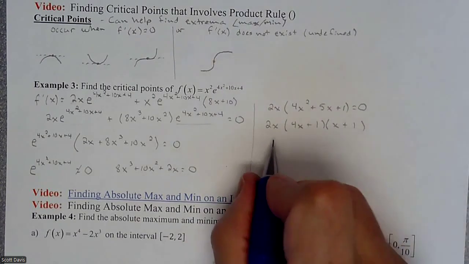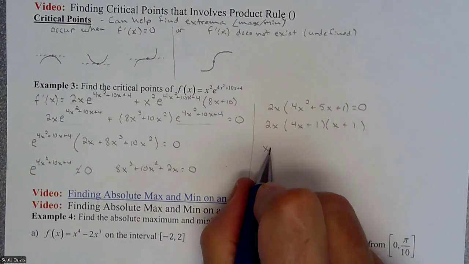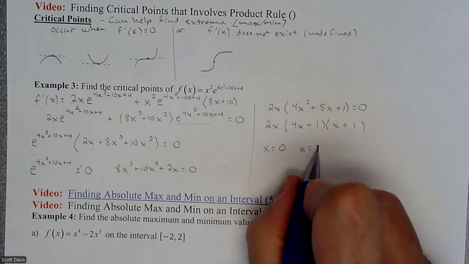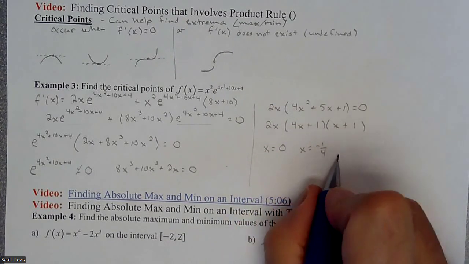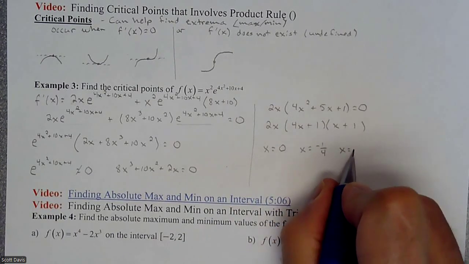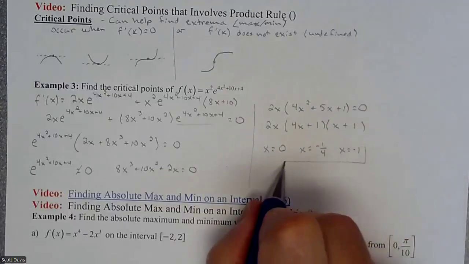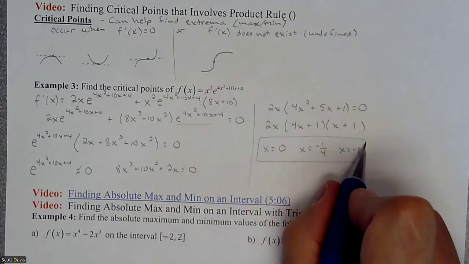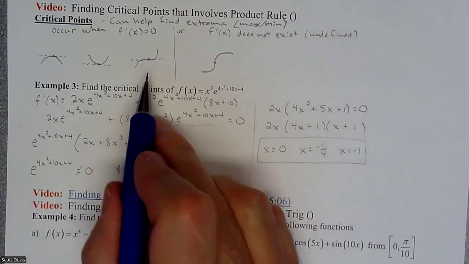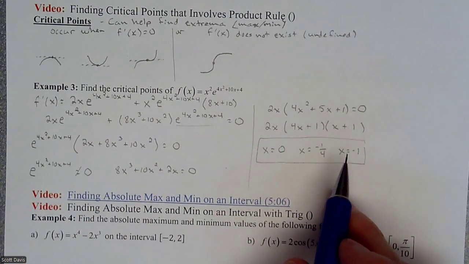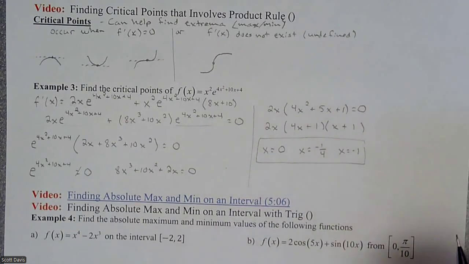If I set each of these equal to 0, I would get a 0 out of that, I get a negative 1/4 out of that, and I would get a negative 1 out of that. And those are my critical numbers. Now, I don't know if they're maxes, mins, or anything special, but I do know that those would be my critical points that I would do a little bit more investigation on to figure out if they're maxes or mins.